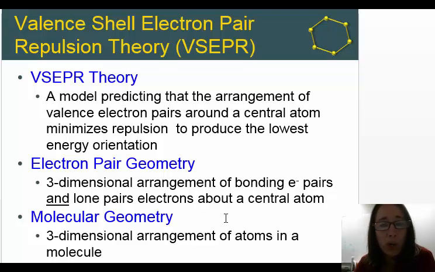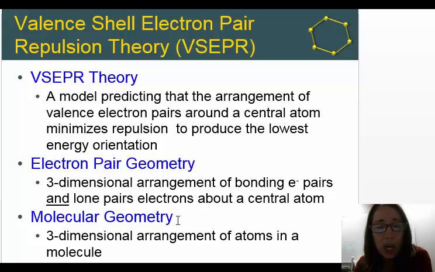So let's go over some vocabulary words. First, electron pair geometry. This is the 3-dimensional arrangement, that's what we're going to be focusing on, 3-dimensional arrangement of electron pairs around a central atom. So that includes bonding electrons and it includes lone pairs. The molecular geometry, however, is just focused on how the outer atoms are attached to the central atom.